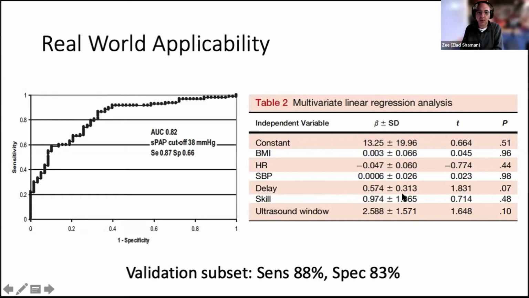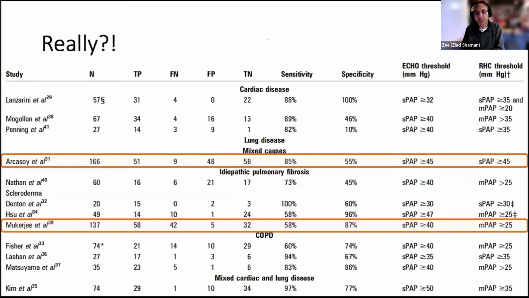The skill of the operator was not a big factor either. And having a poor ultrasound window, although these were all skilled and they decided to include only those with reasonable or good ultrasound windows, was not a predictor of the variability.